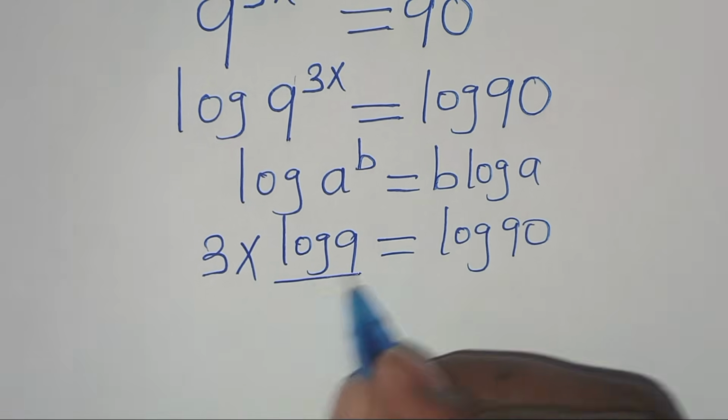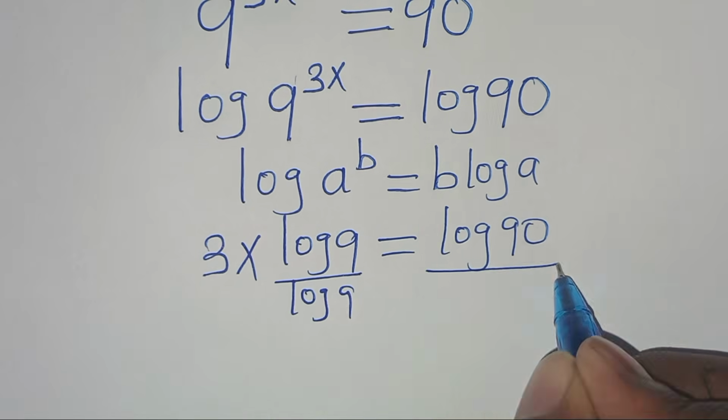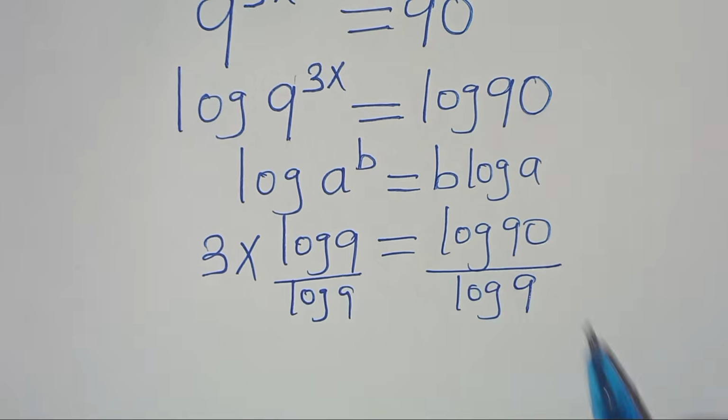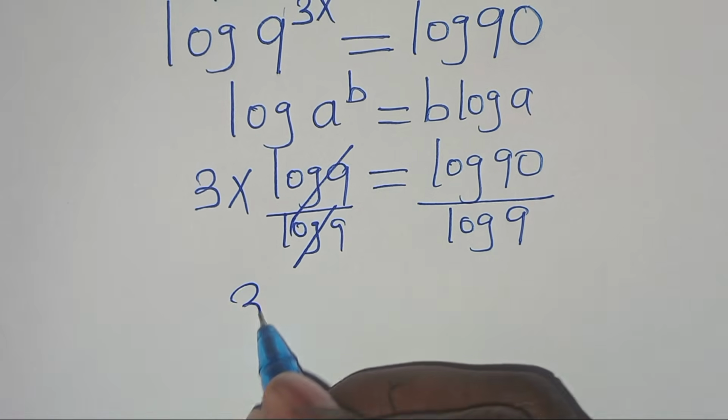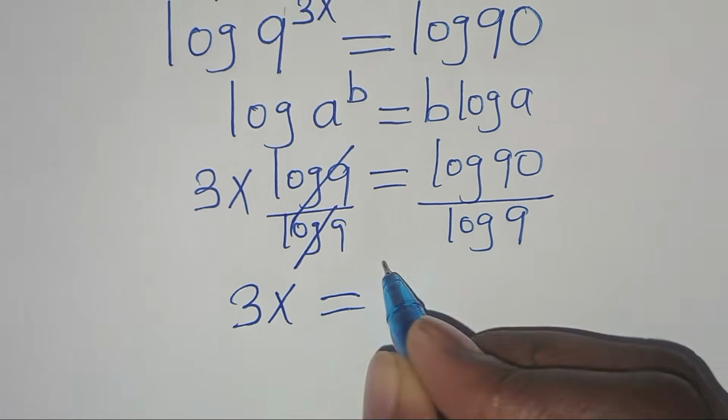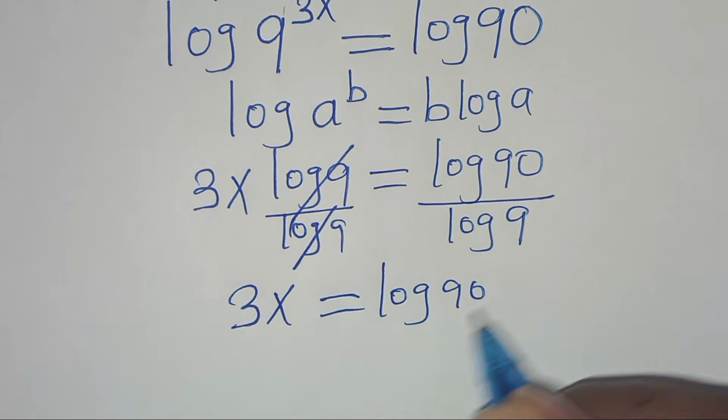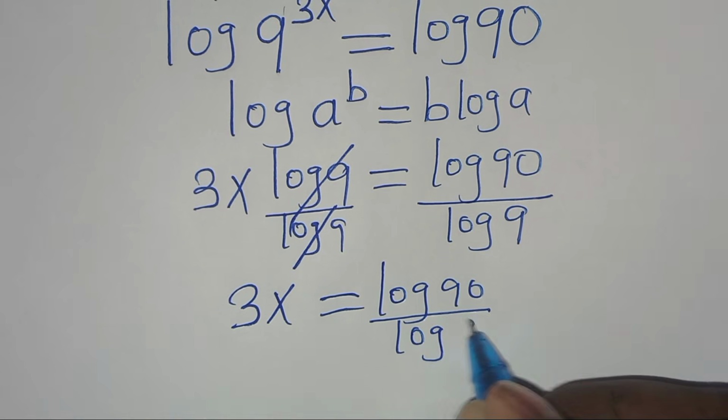So let's divide both sides by log 9. Here we have log 9, so that we can simplify here. And this indicates that 3x is equal to log 90 divided by log 9.